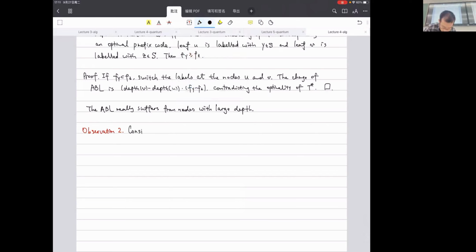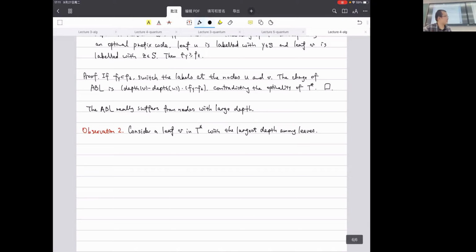So let's consider a leaf V in T prime with the largest depth among all the leaves. The node with the largest depth should always be a leaf.